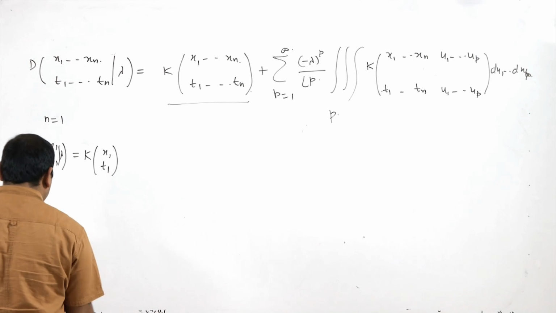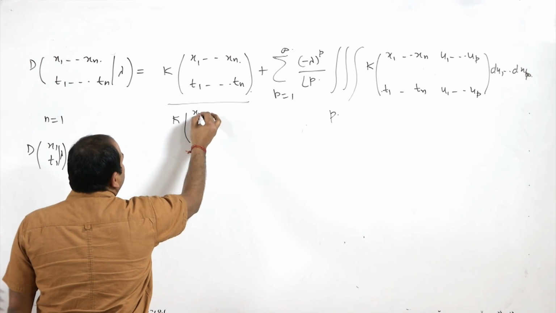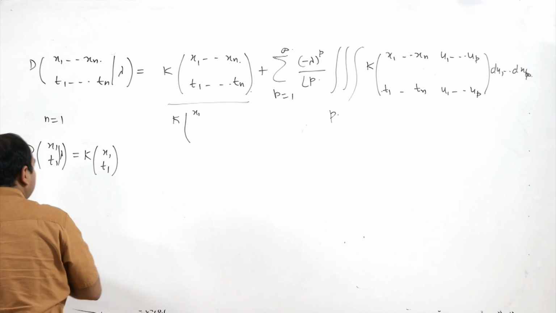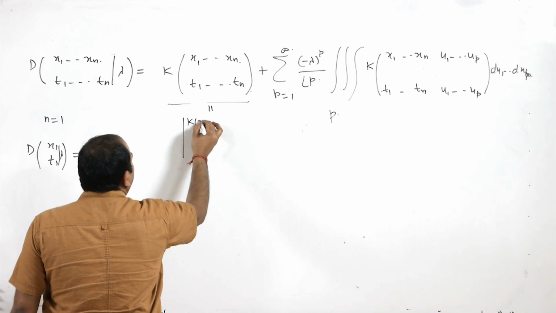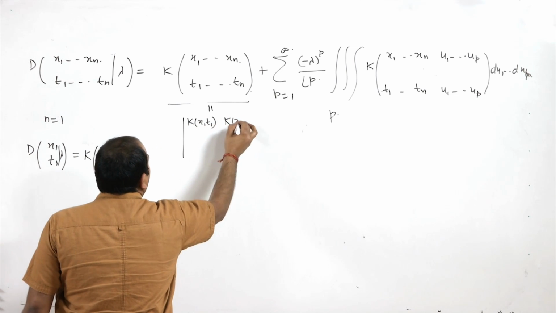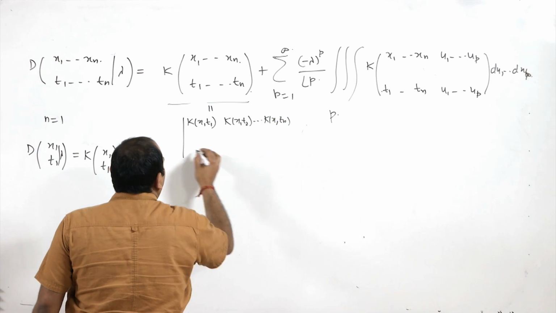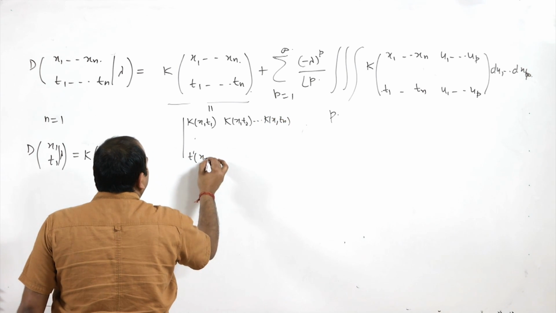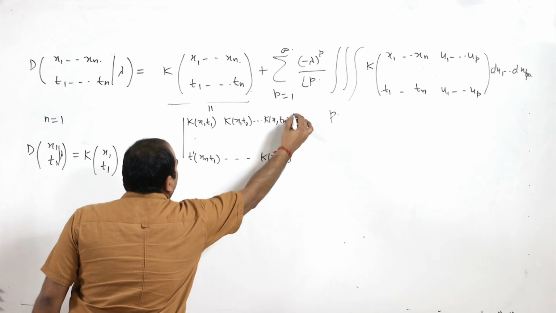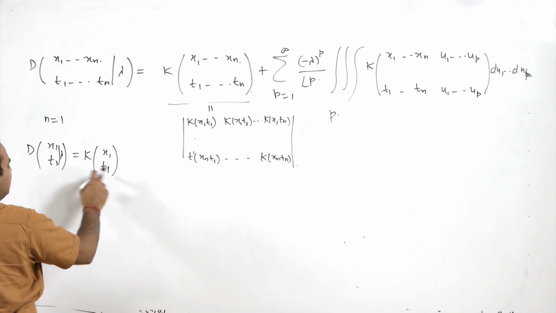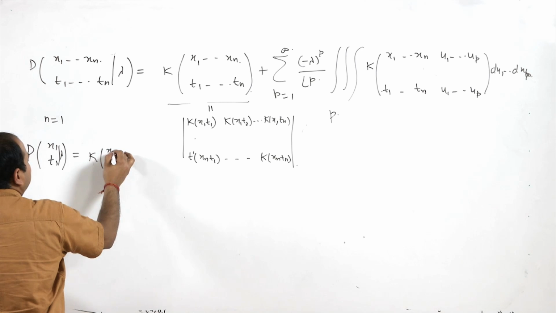Now if you look at the notation here, this is a determinant, and we already know that it is K(x1, t1), K(x1, t2) and so on, K(x1, tn) and so on. So here it is K(xn, t1) and K(xn, tn). Using this notation you can say that K(x1, t1) is nothing but K(x, t1).